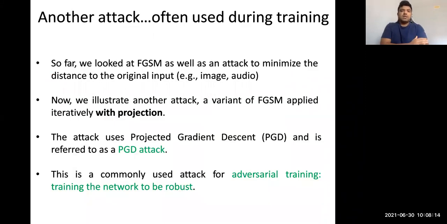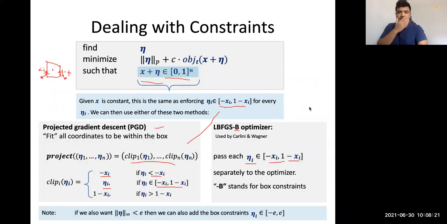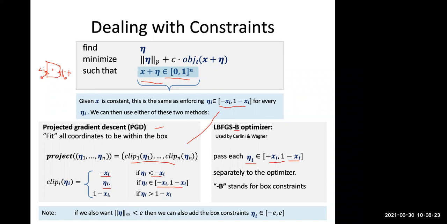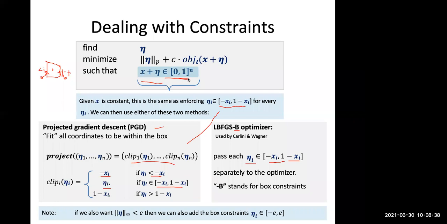As I mentioned earlier, so far... Taif, can you go back to the previous slide? Sure. So in the PGD attack, basically what you're saying is, given a pixel and a perturbation, you check if the perturbation value is beyond 0 and 1? Oh no, no. This is a constraint, right?